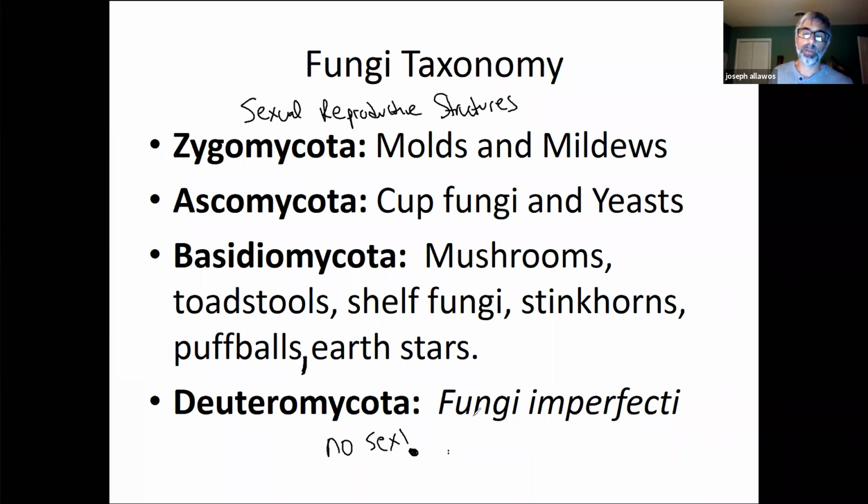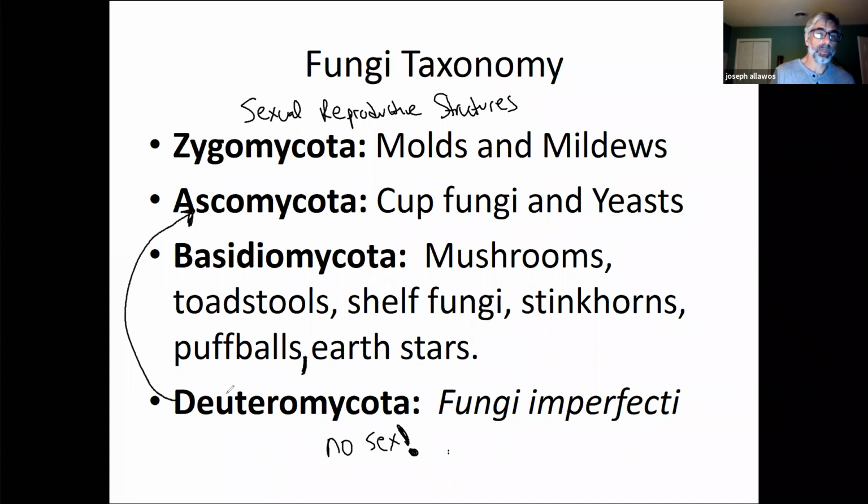And so we'll talk about the imperfect fungi, and how they're kind of a garbage group in the sense that because we don't know what structure they make or would have made, we don't know where else to put them, okay? But they could very well include members of any of these 3 groups. They're most often allied with the ascomycota.